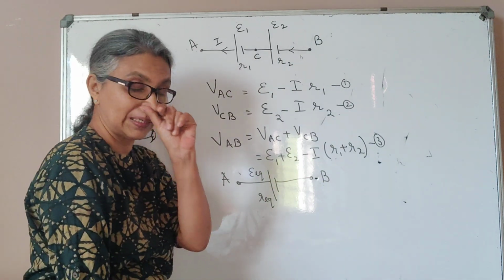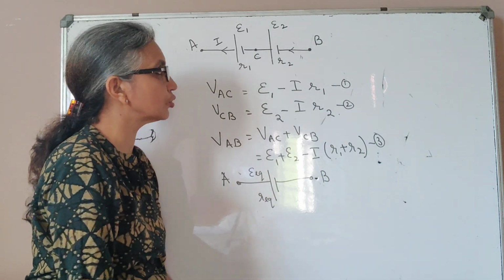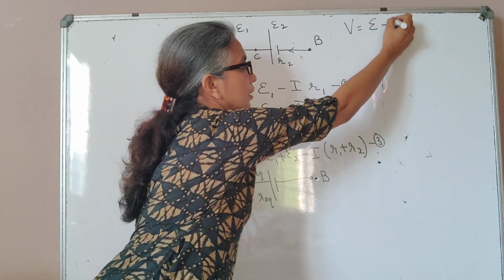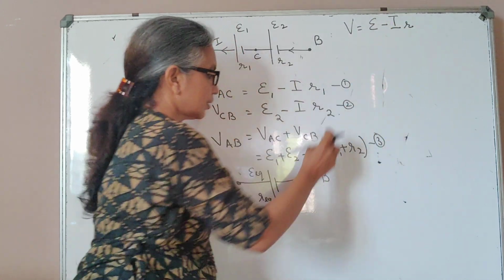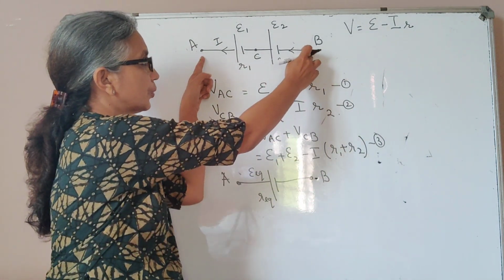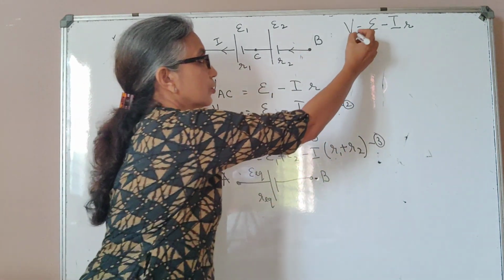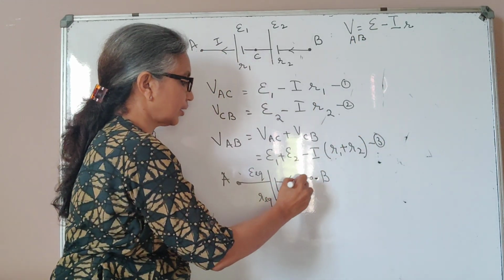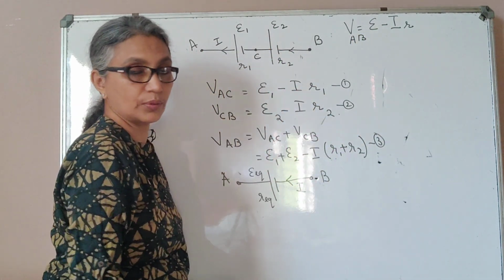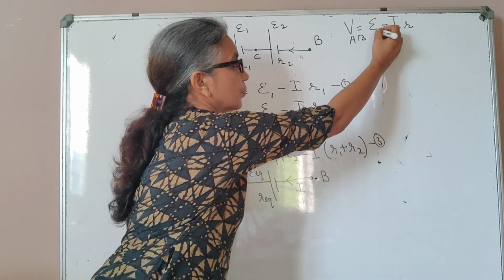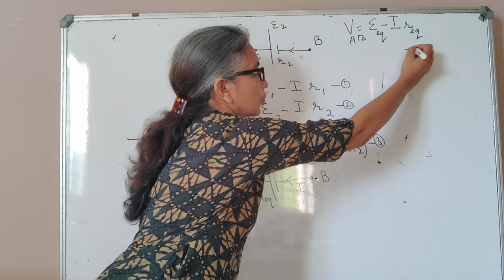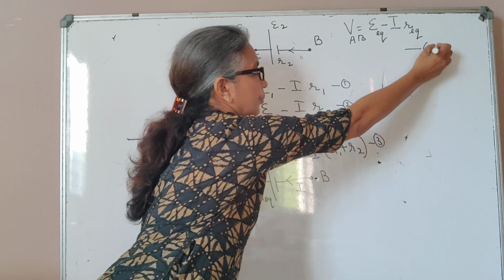So this is my cell, and for this cell, if I am going to write my formula, V equals E minus IR, this cell is connected just like this between the two terminals A and B. So this is VAB, and it is to carry the same current as the original ones. So this is going to be E equivalent minus I into R equivalent, which is my equation 4.